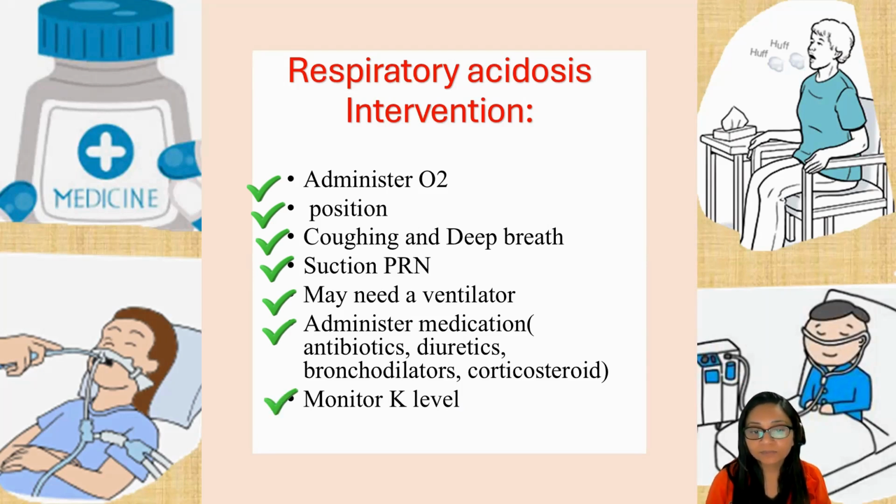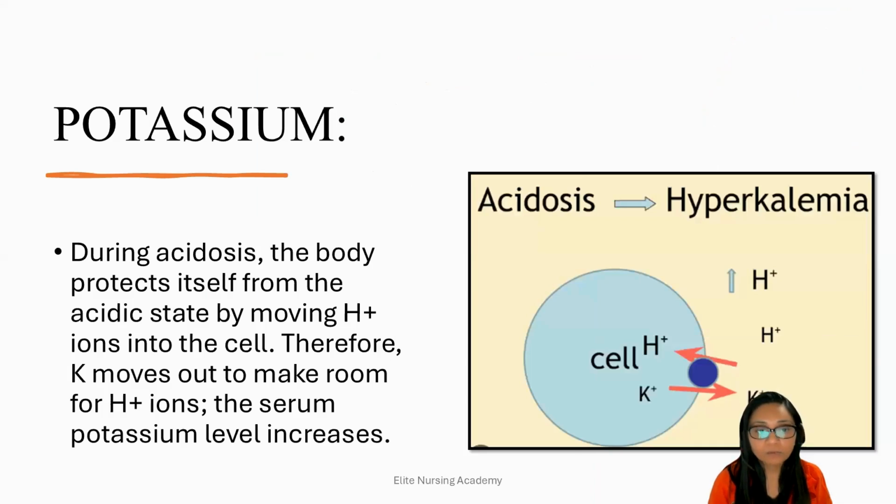Also, monitor the potassium level. There will be some potassium changes with acid base imbalance. What will happen to the potassium with acidosis? During acidosis, there is too much acid in the blood, which is H plus. In order to compensate, the hydrogen ion will go inside the cell.